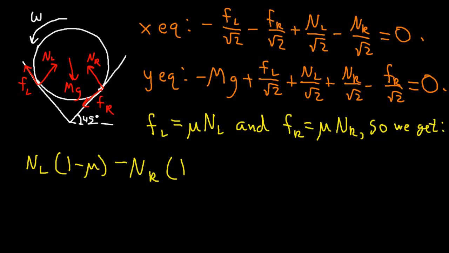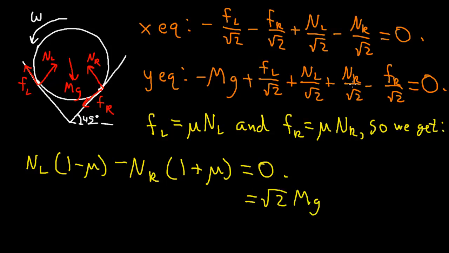This will also be a mu, so it should be 1 plus mu, I think, equals 0. That gives us one equation. And then in this equation, we can move the mg over to the other side and multiply again through by square root of 2. So it'll be on this side equals square root of 2 mg.